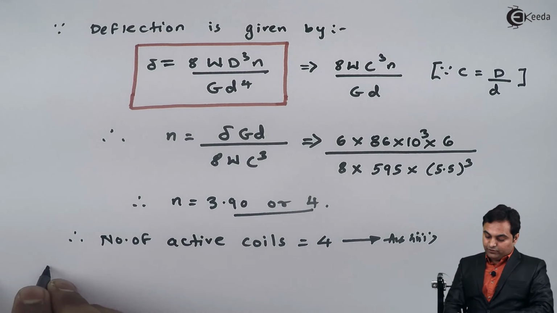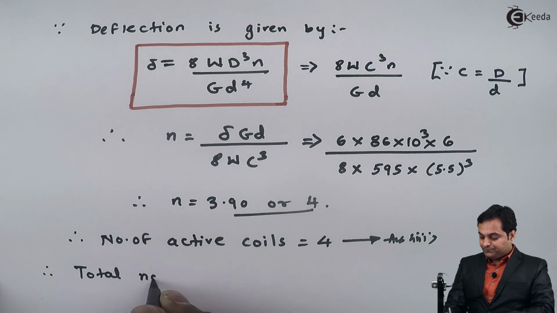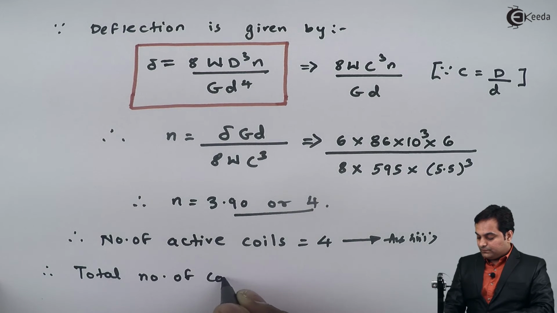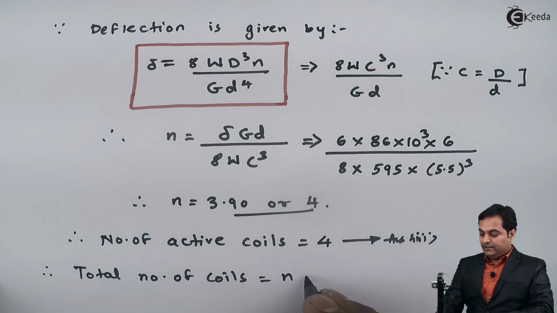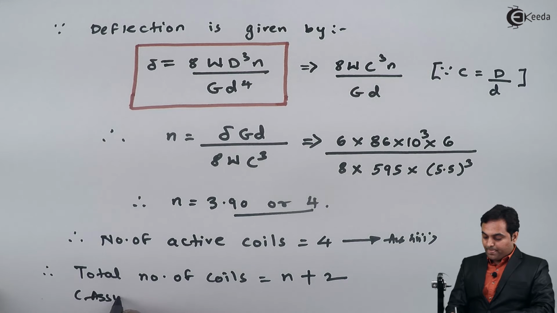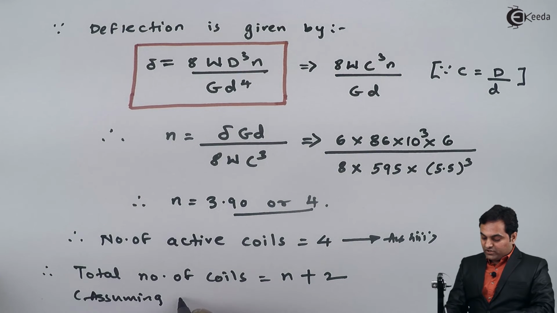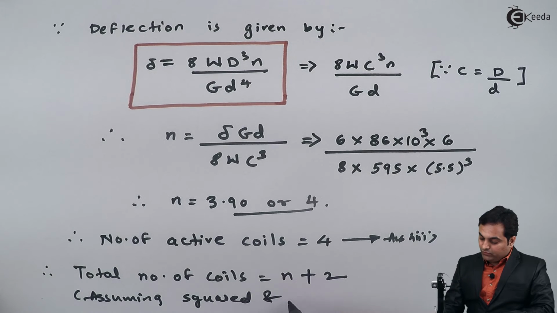So I'll write down therefore total number of coils is equal to number of active coils, I'll denote it by N, plus 2. Here I'll write down assuming squared and ground ends.